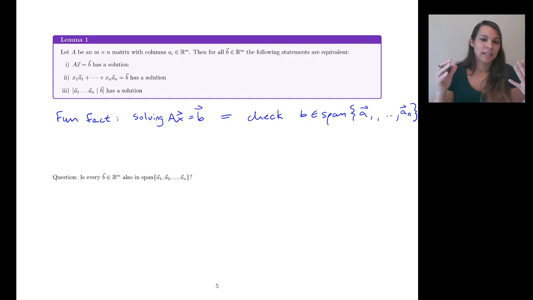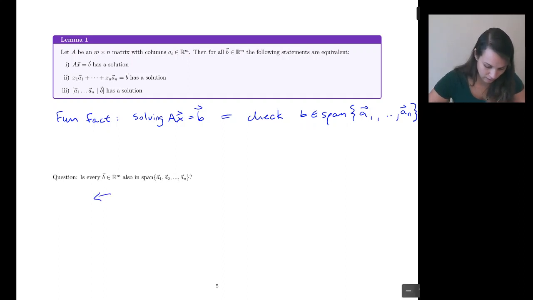Next question. Can we say that every b in Rm is also in the span of A1, A2, through An? Let's use all of our above translations that we just got. Not sure if you remember this, so I'm going to mention it right now. If every b was in the span, then the span would be equal to the entirety of Rm.